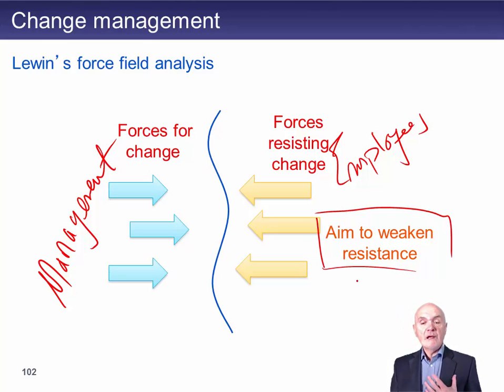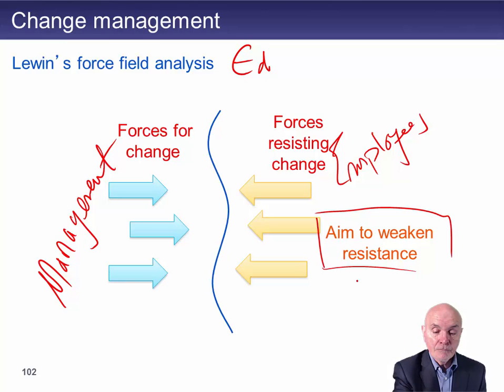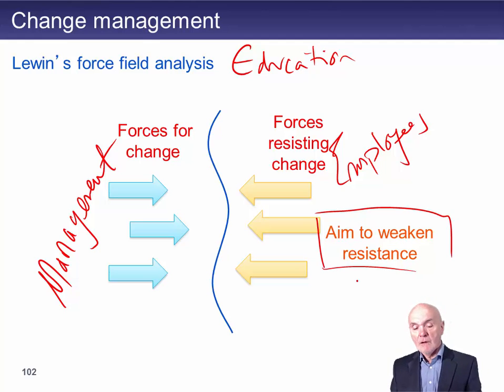And how do we weaken the resistance to change? Well, there are about four ways, really, four words which are used here. The first one can be education. So explain to people why change is needed. Rather than just saying, this is what we have to do, say, look, here are our latest results. You see the sales are going down. You see the profits going down.